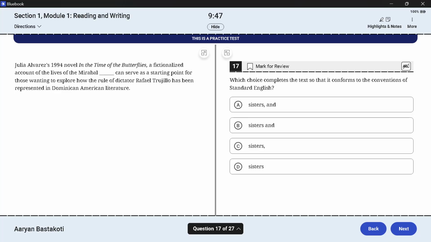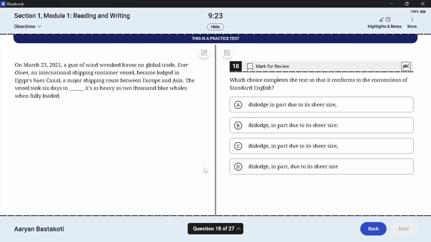This cannot be used since it needs to be a dependent clause. This seems like the right answer because a fictionalized account of the lives of the Mirabal sisters feels like the unnecessary clause, so it needs to be separated with commas.